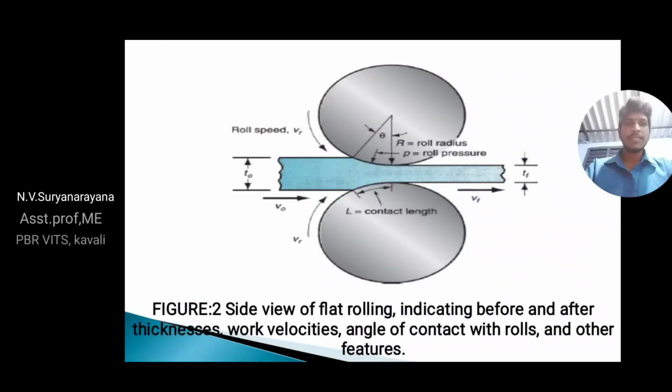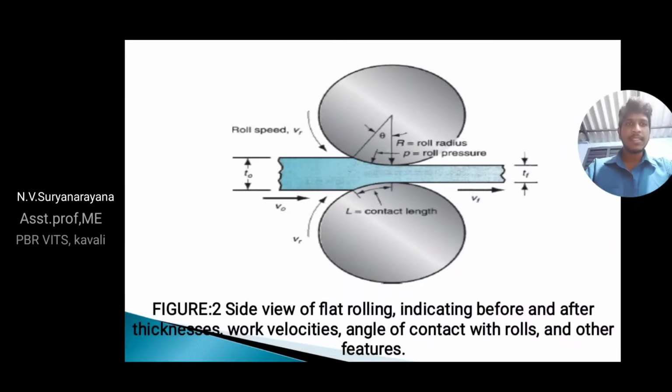Next, figure 2 explains the side view of flat rolling, indicating before and after thickness, work velocities, angle of contact with rolls and other features. The process is the same, but here some parameters are indicated. T0 is the initial thickness, Tf is the final thickness, and the rolling speed is Vr.